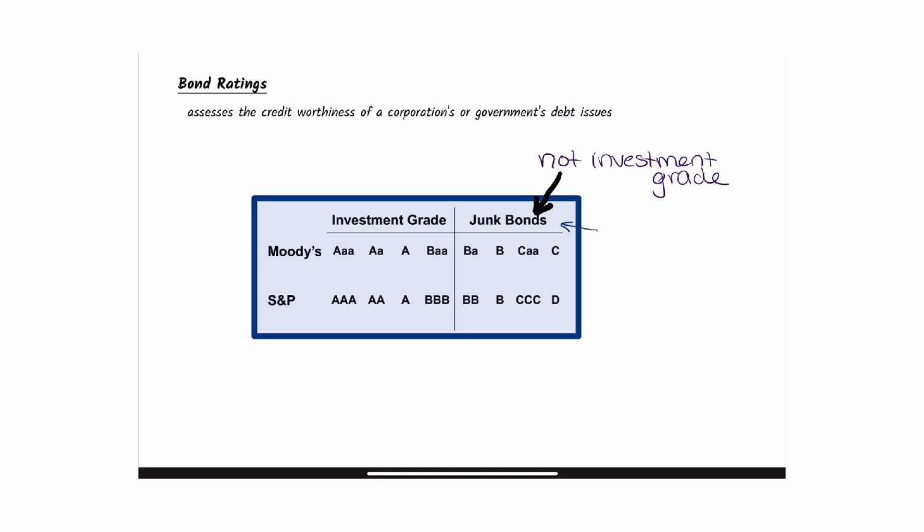So we want to make sure that when we're investing in bonds that are rated in this area here. So they're rated both by Moody's and S&P. So we want to make sure that we get ratings of AAA, AA, A, or BAA for Moody's or BBB for S&P. This is just an FYI.